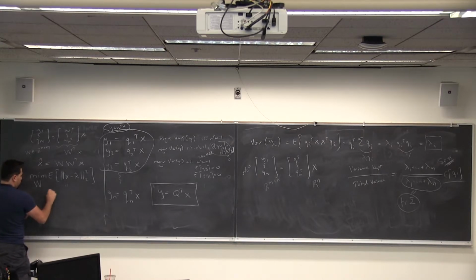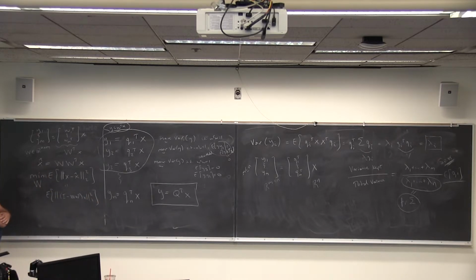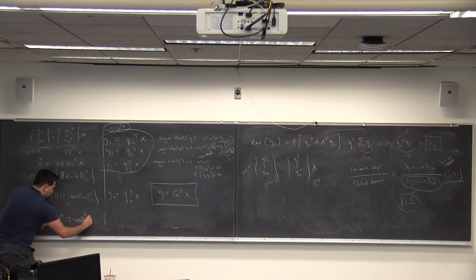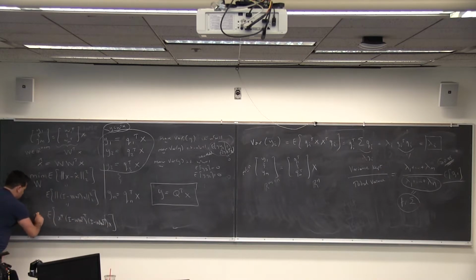So this is equal to the expected value of (I minus W W transpose) x, squared. If I write this norm squared as vector transpose itself, okay, so let's minimize the expected value of this. Basically, that's a minimum mean squared error approximation.